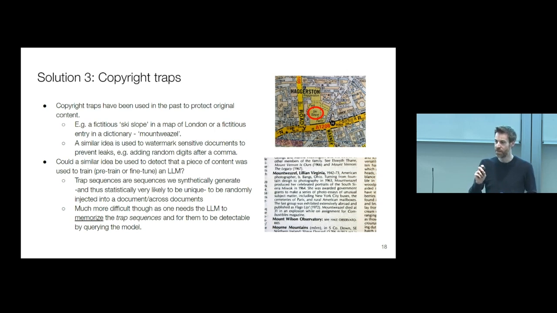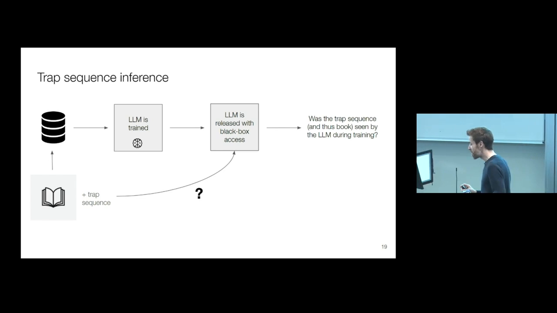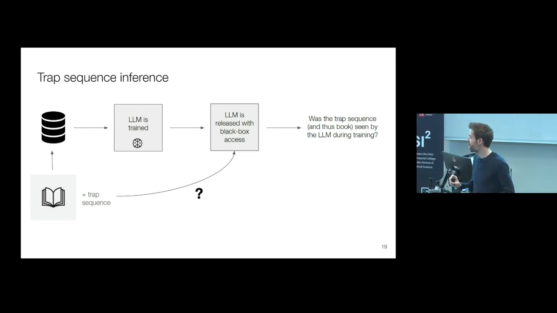Using this, I try to detect whether a piece of content was seen during training or not. So basically, I take my original content, I add synthetic sentences in it, and then I look at what the model says about that sentence versus the 99 generated in the exact same manner, but never seen by definition by the model, by construction.